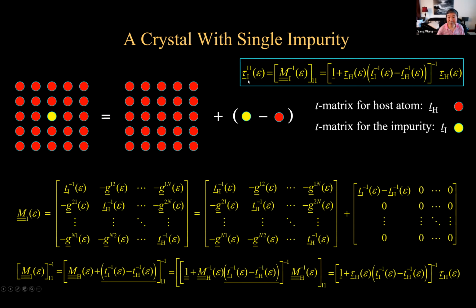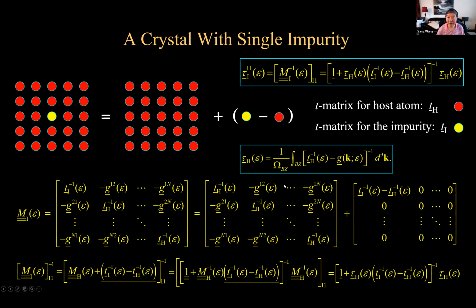But this tau 1 is what we want to calculate for the Green's function around this impurity. So tau 1, where atom 1 is the impurity atom, is the M matrix inverse, take the 1-1 block. That's the conclusion from here.